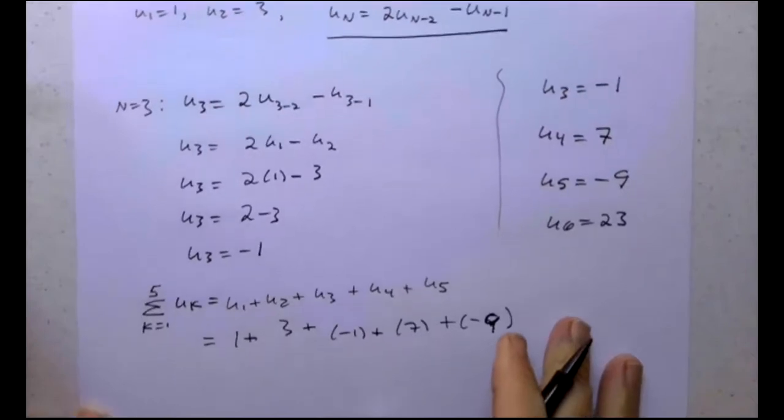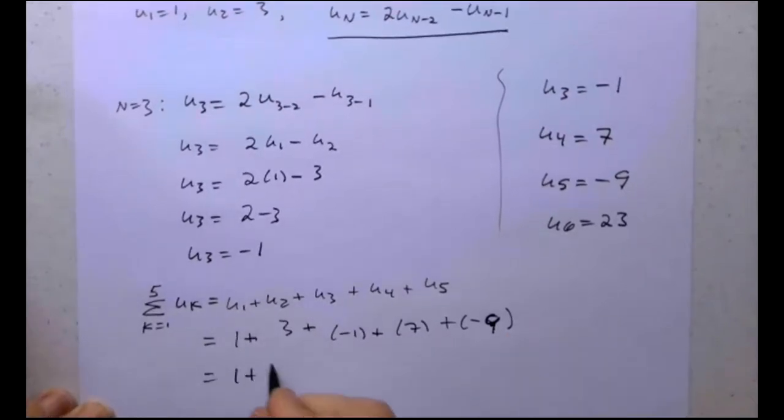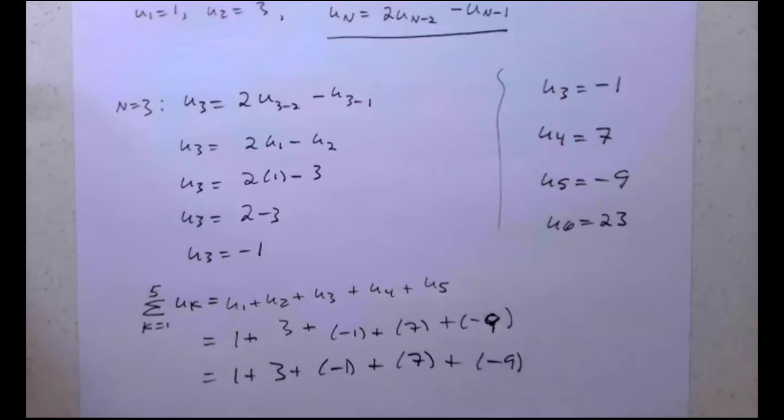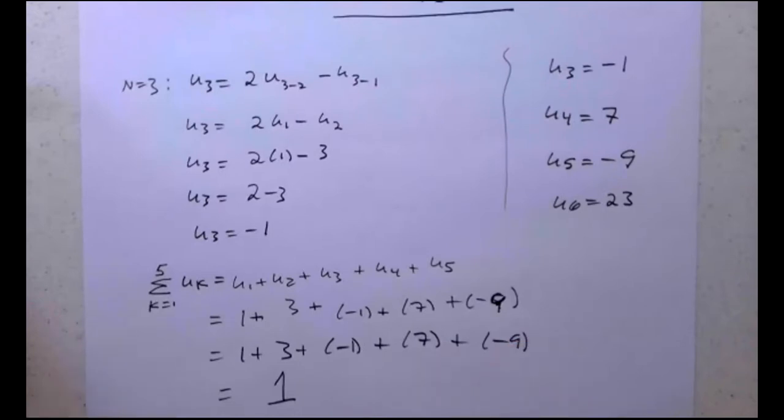We'll write that again: 1 plus 3 plus negative 1 plus 7 plus negative 9. What does that give me? I believe it's 1. After all that work, our answer is just simply equal to 1.